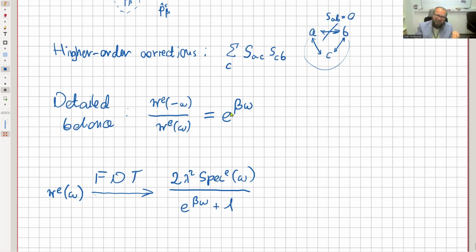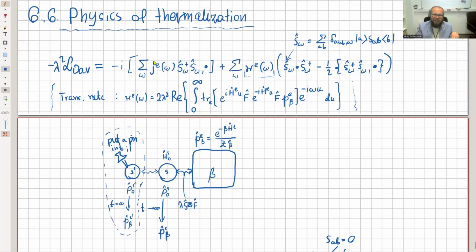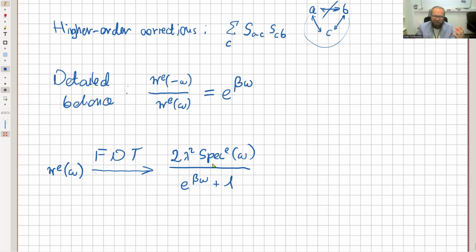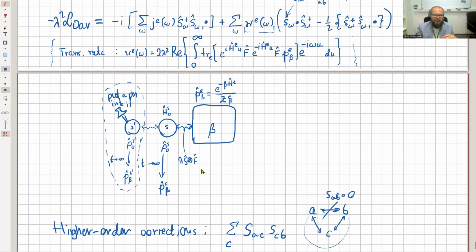This thermal factor implies detailed balance. Detailed balance implies how the generator looks like, the shape of it, so that it molds the shape of the generator so that the thermal state with the temperature given by the beta that came from here is the steady state solution, also an attractor, right?